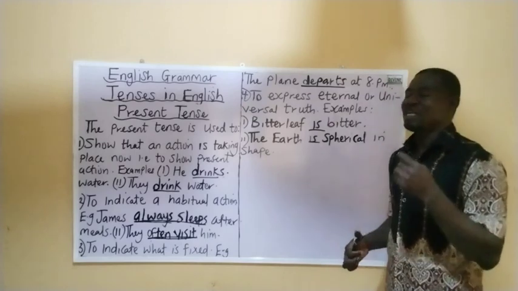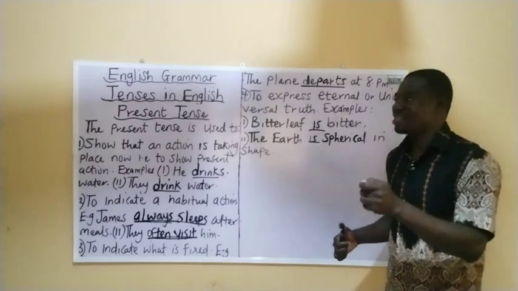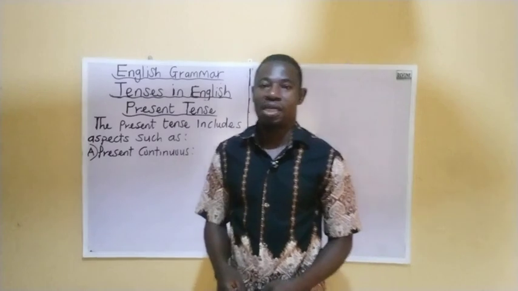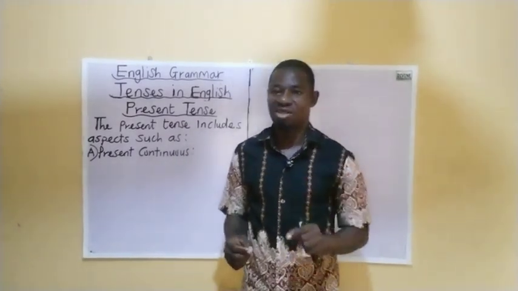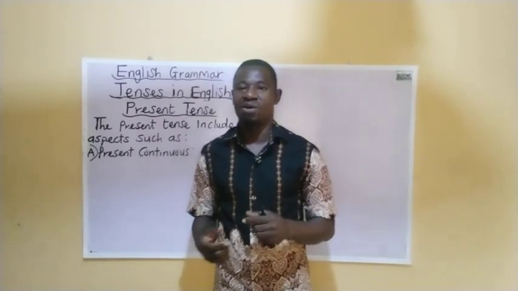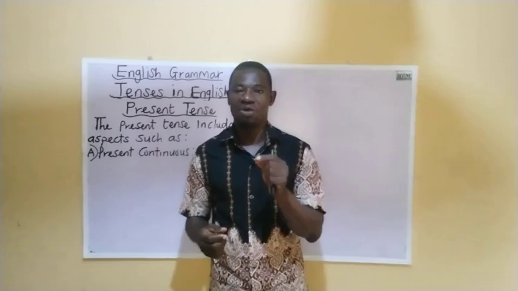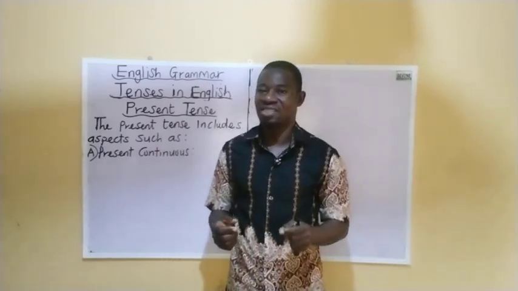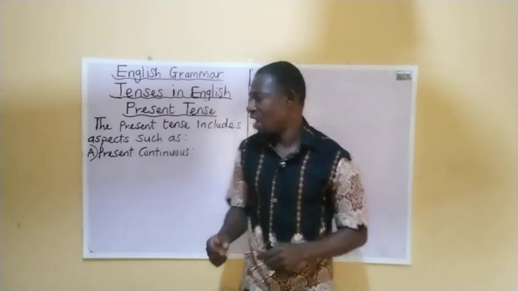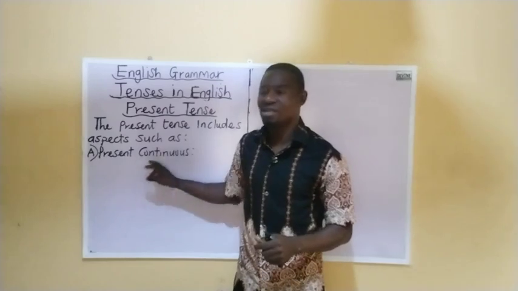So next, we'll be looking at the different aspects of the present tense. Here I'll be using formulas to show the structure of each of the aspects of the present tense. Let's begin with the present continuous.